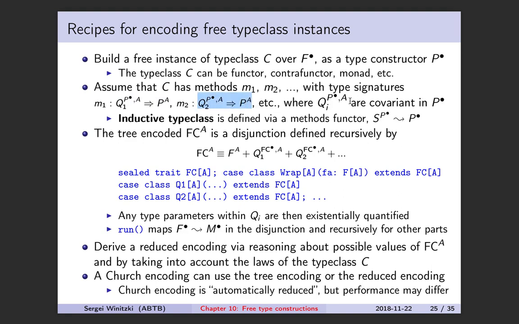And all these Q's must be covariant in P. There are some functors or some type constructors that must be covariant in the parameter P. And it is required that all these methods should have a type signature of this form. In other words, the final return type must be the type constructor that we're given.